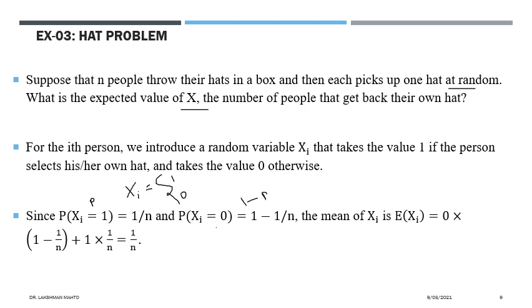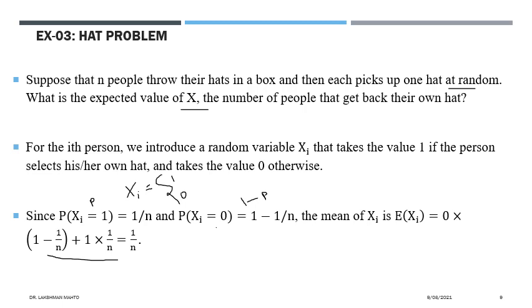Now if you try to calculate the expectation of each Bernoulli random variable xi, apply the formula of expectation, and you will see that the expectation of a Bernoulli random variable is the probability of success. So the expectation of this xi is 1 by n.